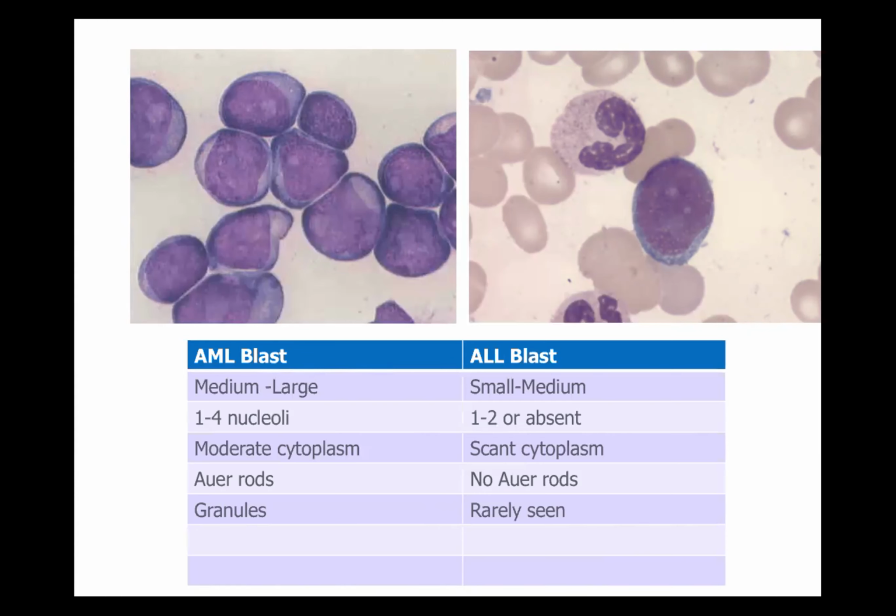So for myeloblasts, you usually have more cytoplasm, and the cytoplasm usually contains granules. Auer rods are just granules that are lined up. Lymphoblasts, on the other hand, usually have scant cytoplasm, more basophilic or bluish cytoplasm, fewer granules. They have fewer prominent nucleoli.